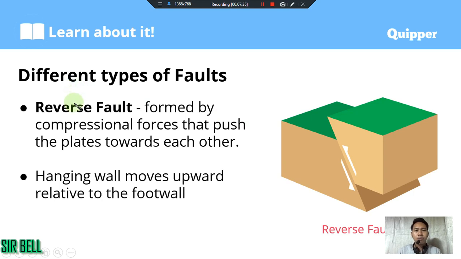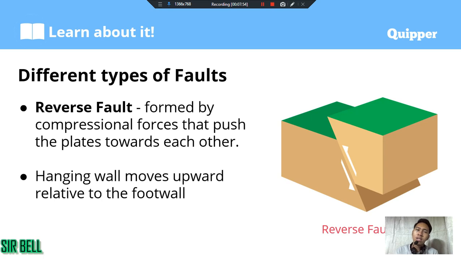Then another type of dip slip is a reverse fault. A reverse fault is formed by compressional forces that push the plates towards each other, and the hanging wall moves upward relative to the footwall. So it is completely different, completely opposite to the normal fault.